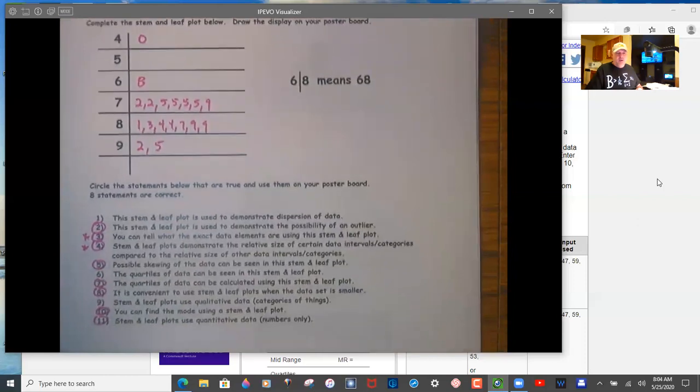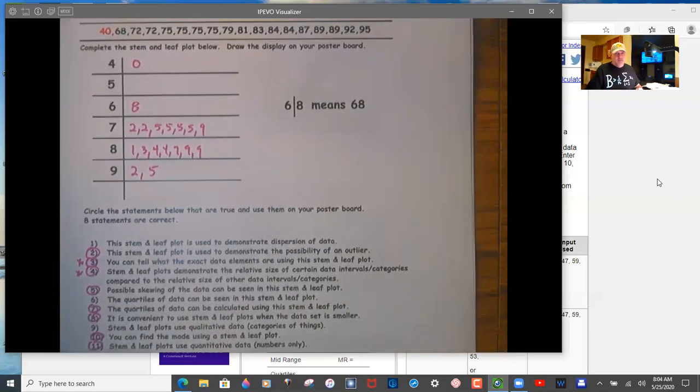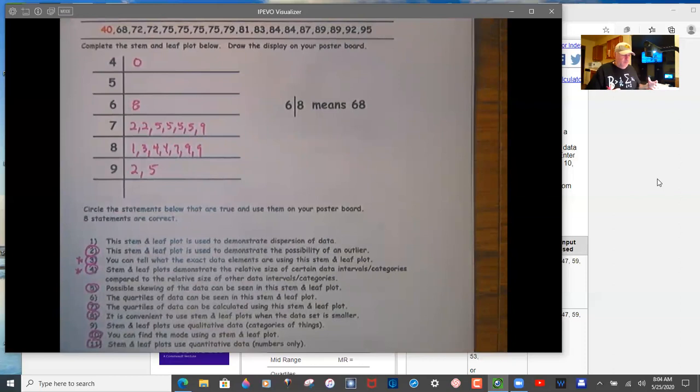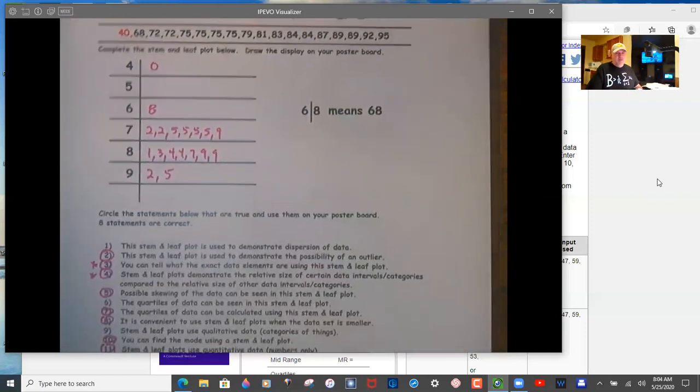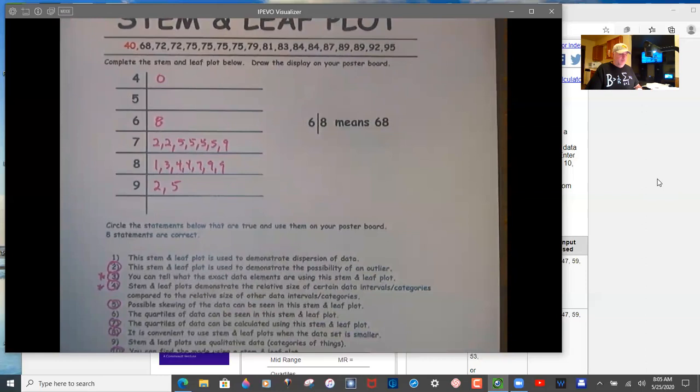Useful if it's a small set of data. So, if you're a teacher and you're trying to write down all your test scores, let's say a class of 15 kids, this is a useful diagram to use. So a small set of data for this, and then you'd see the individual data elements.